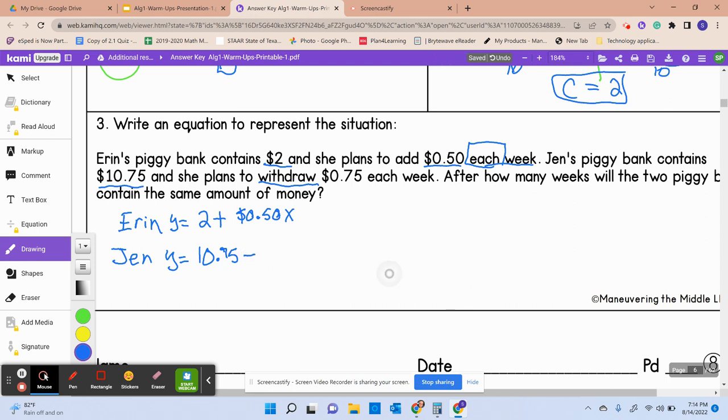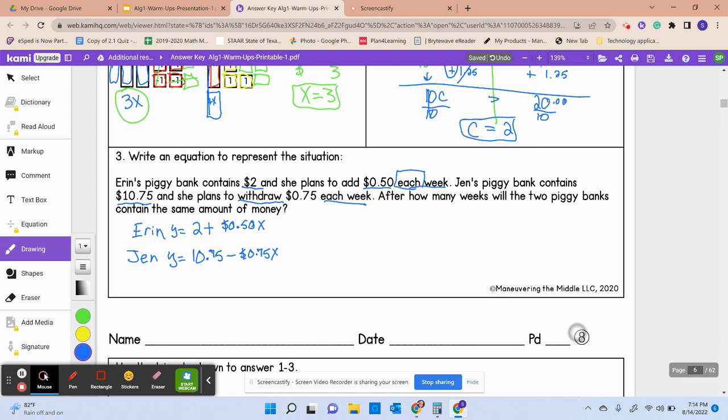Withdraw means minus 75 cents each week. After how many weeks will the two piggy banks contain the same amount of money? Well, if they were going to contain the same amount of money, then they would be equal to each other. So then you can set them equal to each other because that's what it means to be the same amount of money.